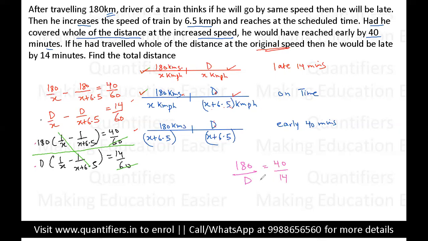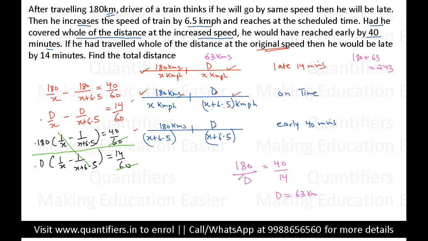So students, now if you solve it, you will get 63 kilometers, right? D is equal to 63 kilometers. So remaining distance is 63 kilometers. Now the question says find the total distance. So total distance will be 180 plus 63, that is 243. So students, 243 is the answer.